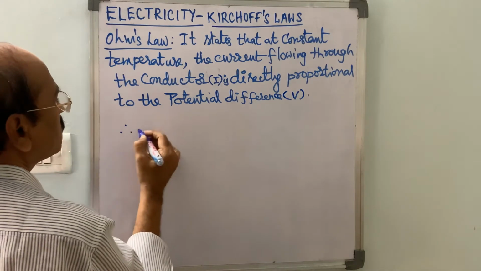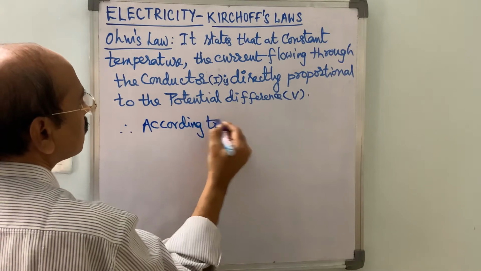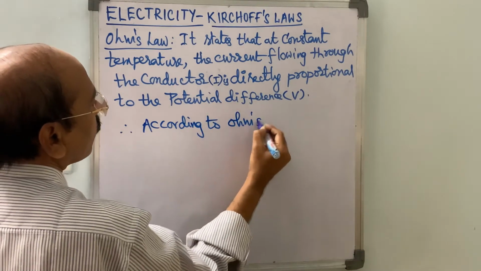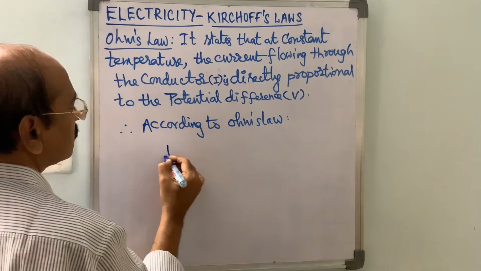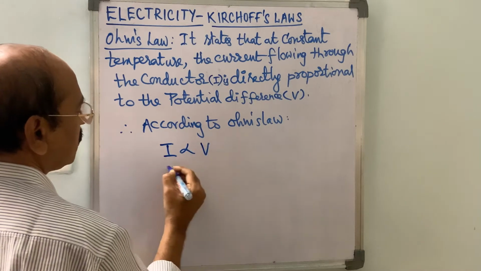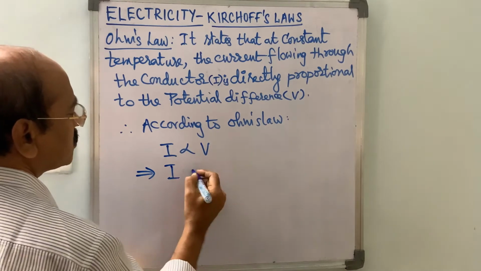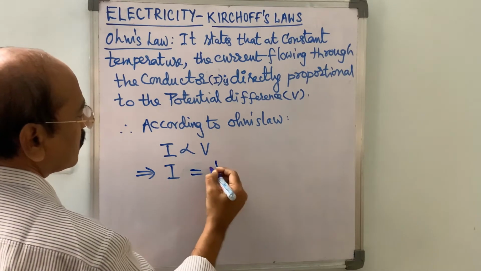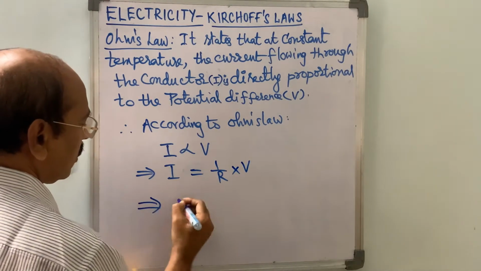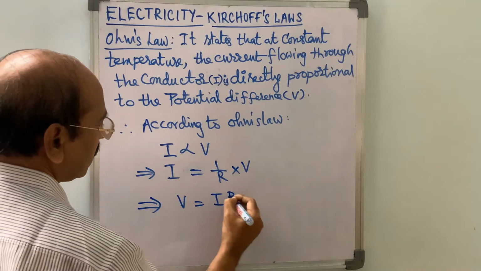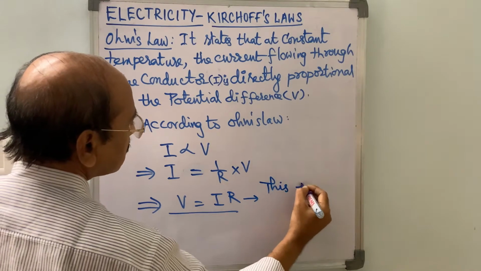Therefore, according to Ohm's law, I is proportional to V, or I is equal to some proportionality constant into V, or V equals IR. This equation is known as Ohm's law.